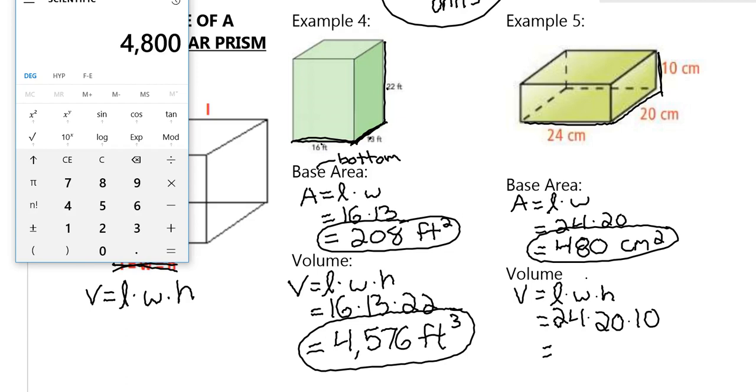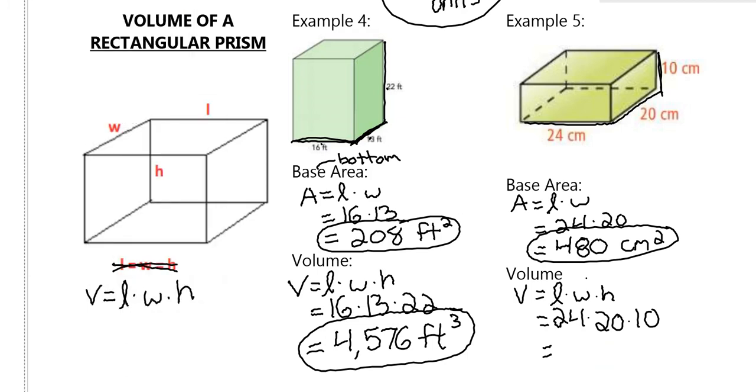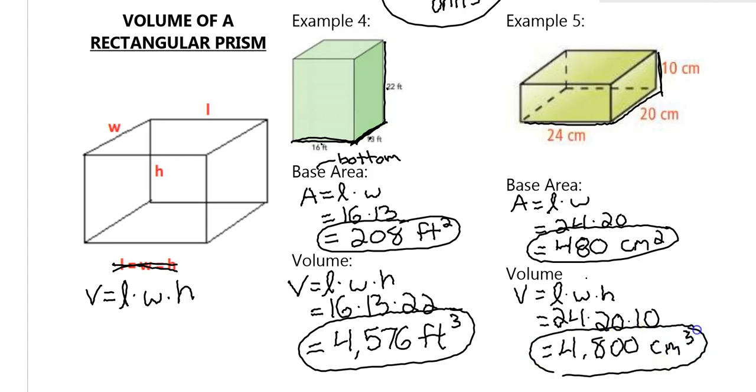We get 4,800 centimeters. Now this is a volume, and volume has a cubic unit. So 4,800 centimeters cubed.